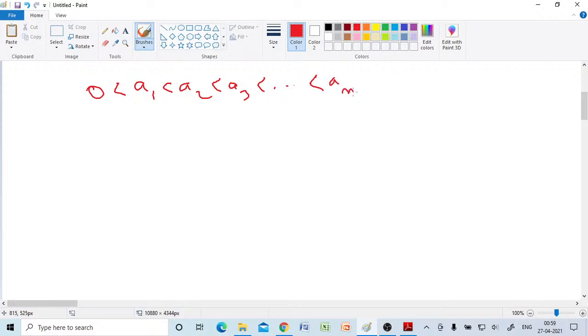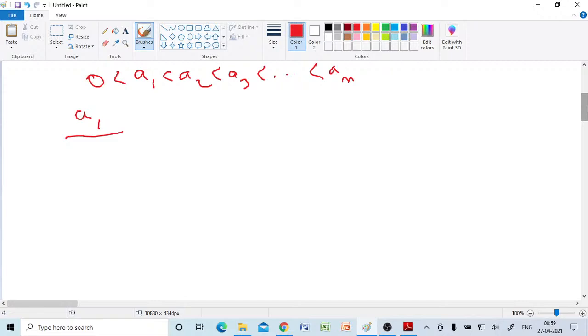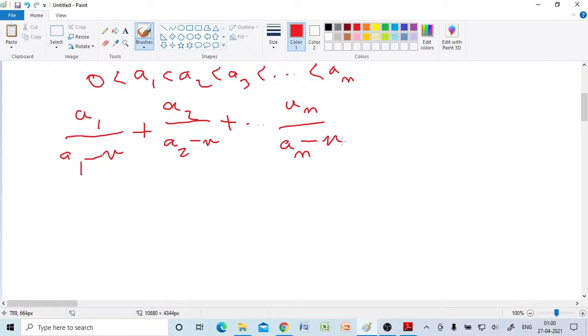Now we are told that this particular expression, a1 over a1 minus x, plus a2 over a2 minus x, plus and this will continue till an over an minus x, must be equal to 2015. So instead of writing equal to 2015, we can just write minus 2015.